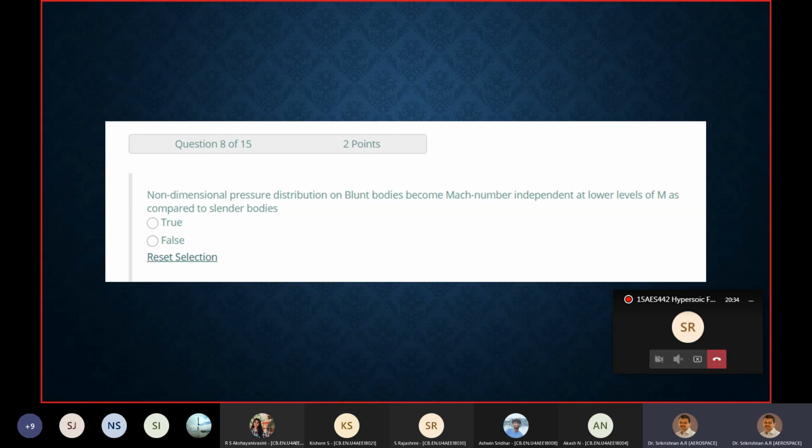This is correct, because for blunt bodies like a transversely placed cylinder or a sphere, or any blunt shape, the Mach number independence is observed even at lower levels of Mach number, like 4, 4.5, whereas for slender bodies it may be after 5, 5.5. We have reviewed some experimental results on that, which are available in literature, and we have shown that here.